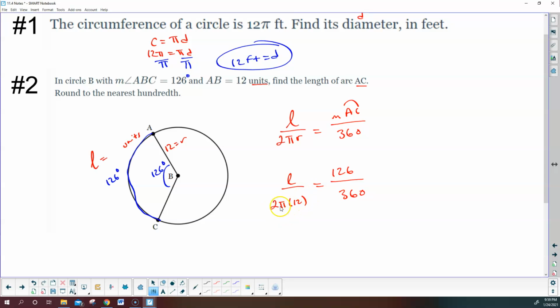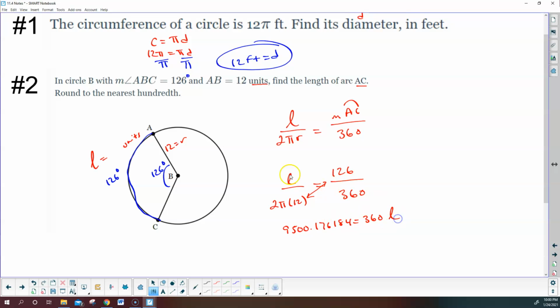So I know that this would be 12 times 2 is 24 pi. I'm going to do that in my calculator. 24 pi, and then I'm going to multiply it by 126. And if you want, you can take the whole answer for right now.